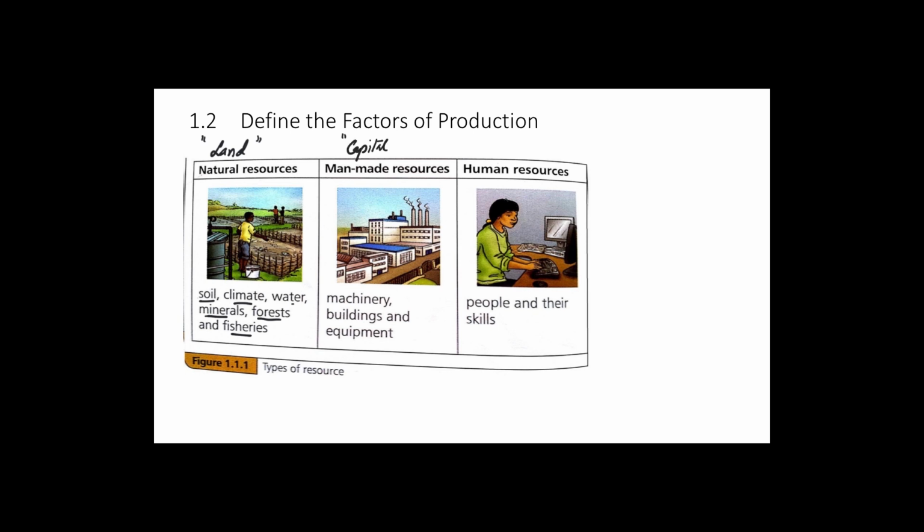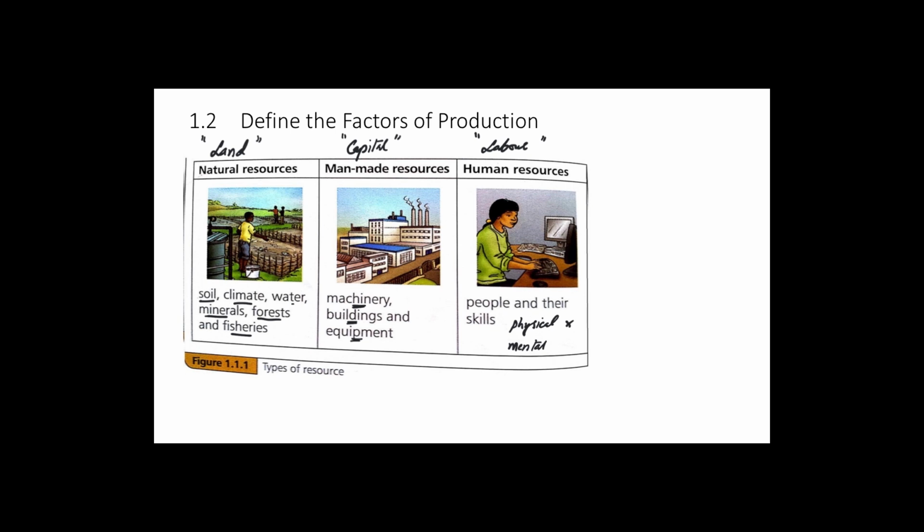Capital is the man-made resource, which helps you produce other goods and services, which includes machinery, buildings, equipment, etc. Labor is the human resource. Now, when we talk about human, we are talking about people's physical and mental ability.